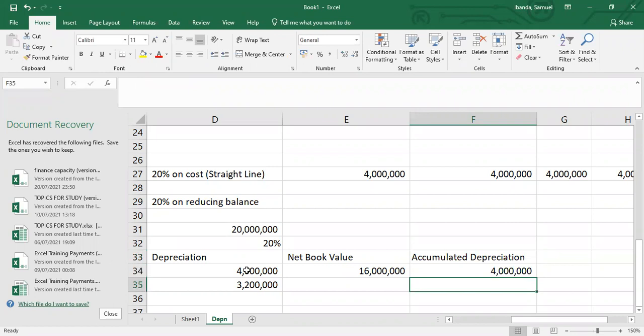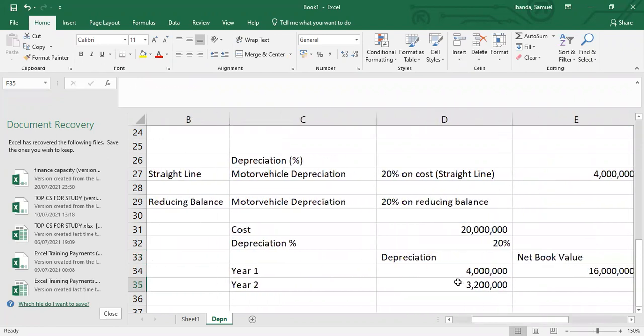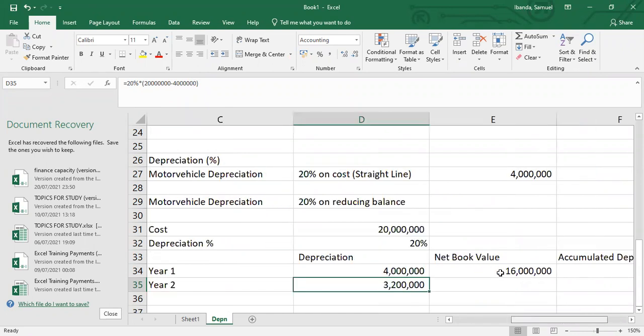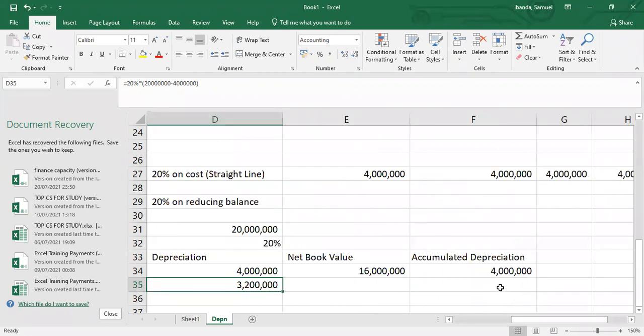Now, if it is year 2, we are going to see how the accumulated depreciation will be. So for our depreciation, we do 20% times 20 million minus 4 million, where 4 million is our accumulated depreciation at the start of the year.